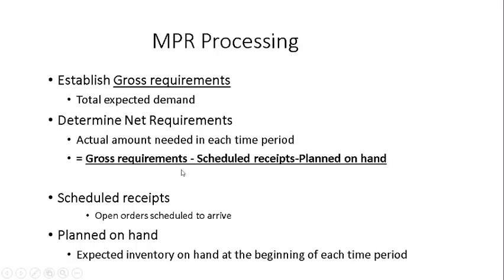So the gross requirements, if we take out the scheduled receipts, which is what we're expecting to receive, and of course what we have already in our inventory, this is the net requirements, what we really are needing, what we need to order. So scheduled receipts, as you can see here, is what we expect to arrive, and the planned on hand is what we already have in our stock. So gross requirements and net requirements.